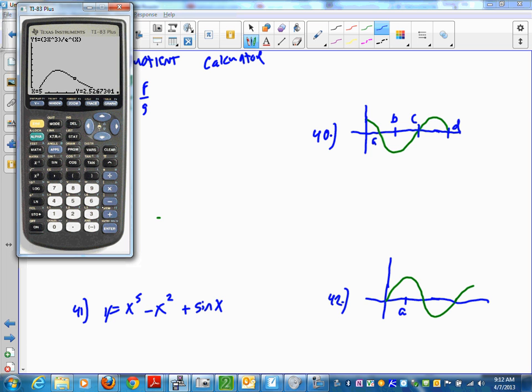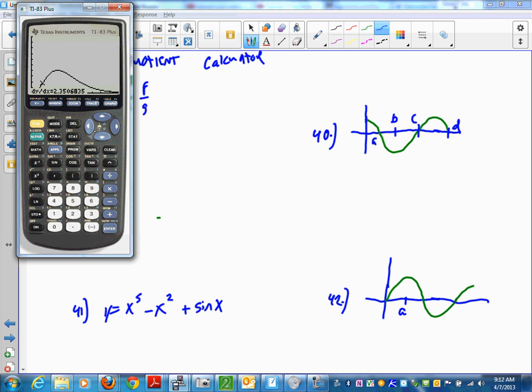So I could try, for instance, answer choice B, which is 1.277. And I see there that the derivative is 2.35, so that's not the answer. So, that's certainly one way to do it.